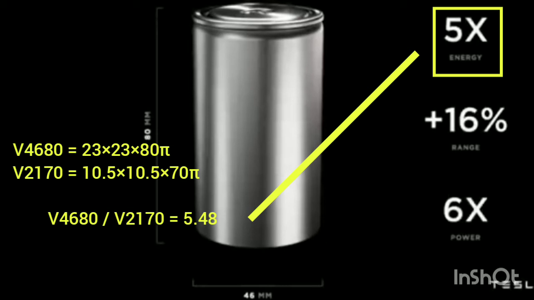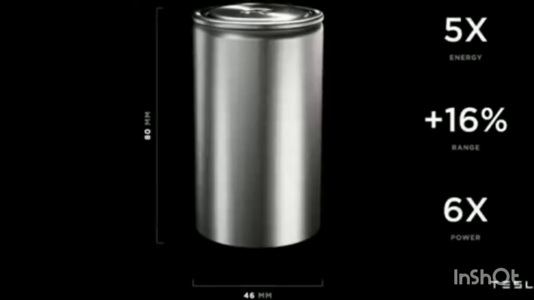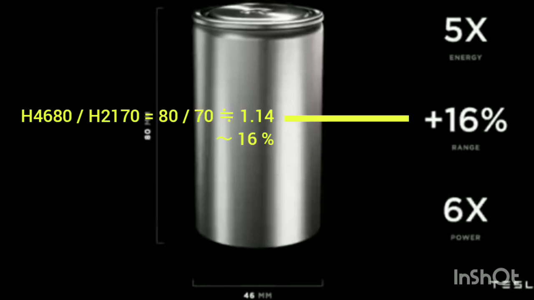This is expressed here as energy being 5 times. The 16% range increase by cell design is mainly due to the height increase from 70 millimeter to 80 millimeter, as you can see from this calculation.